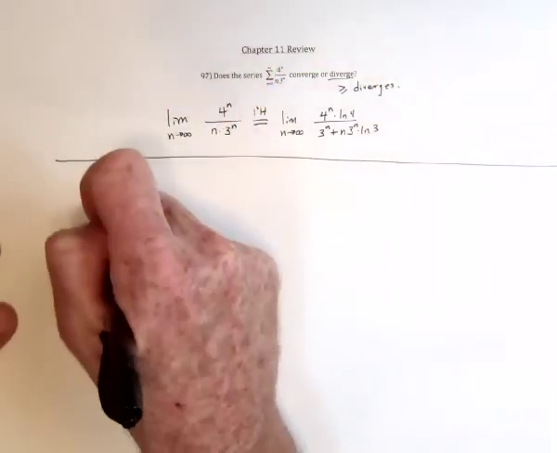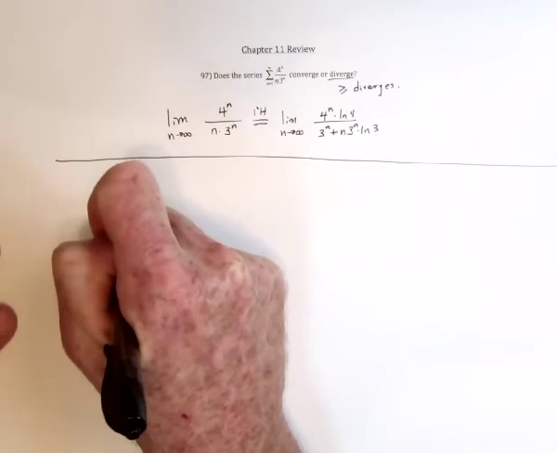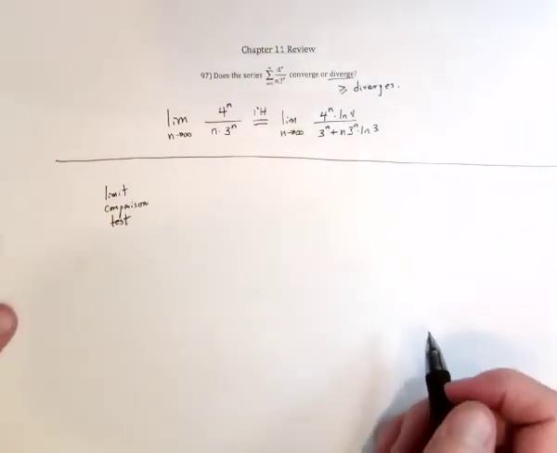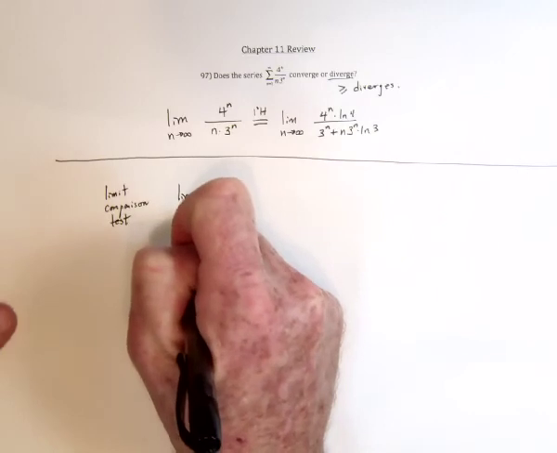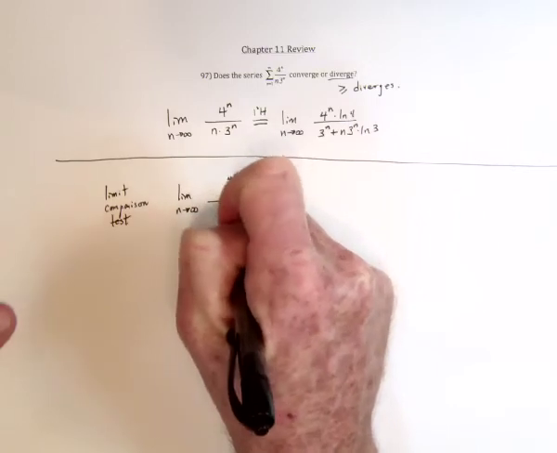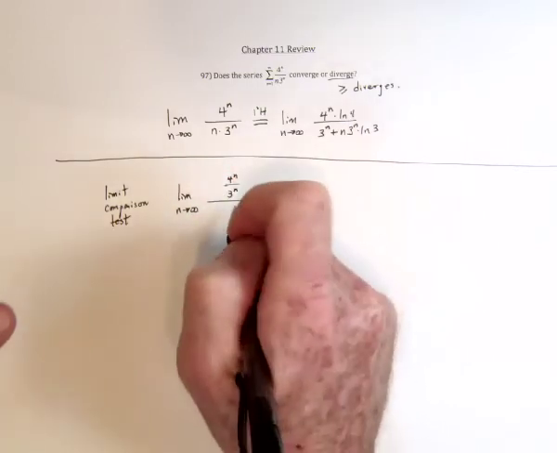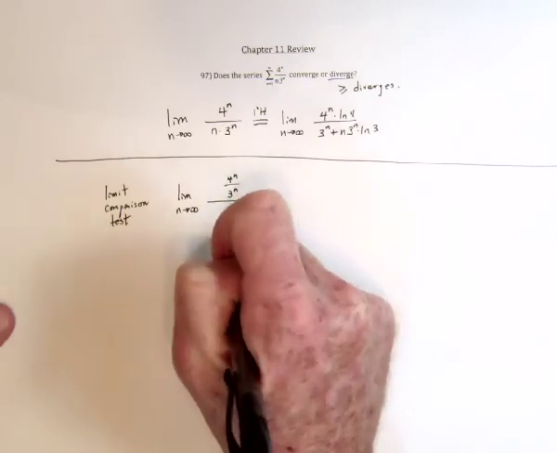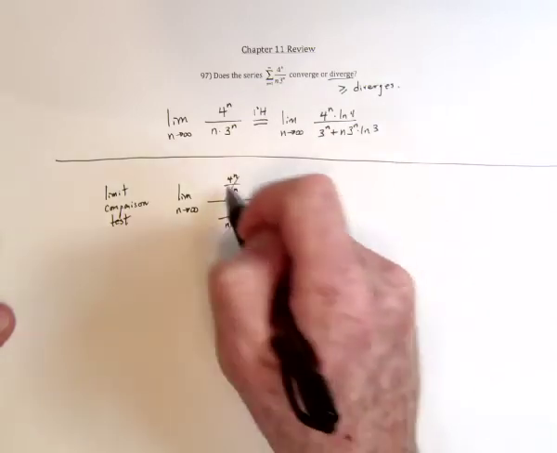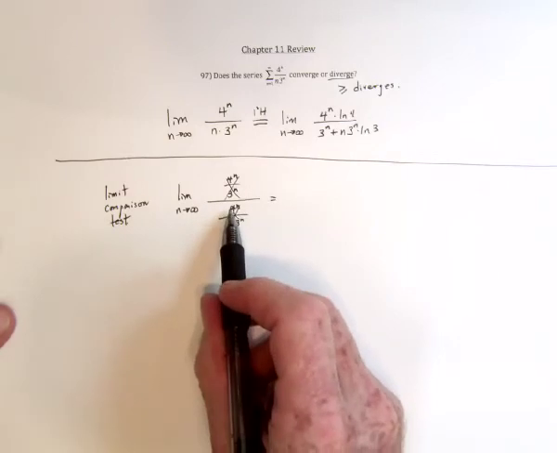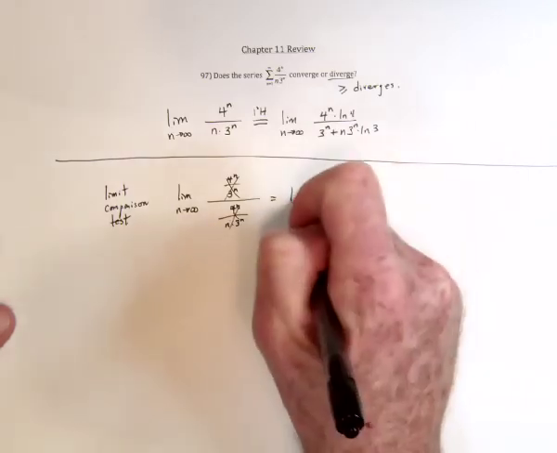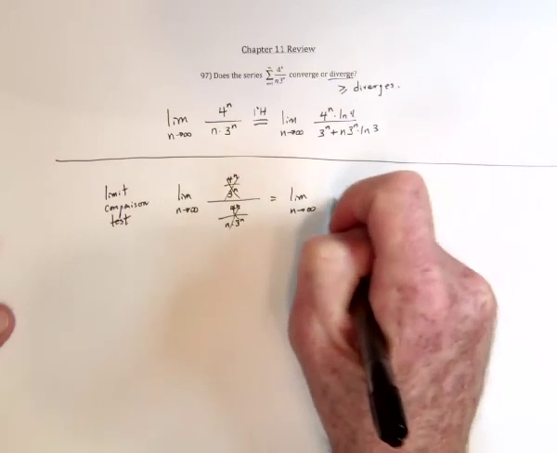If I do the limit comparison test, and say take the limit as n goes to infinity, and then you just take one of the functions, so 4 to the n over 3 to the n, which diverges, and then 4 to the n over n 3 to the n, and then this and this are going to cancel, leaving us just with 1 over n, but that's in the denominator, so you need to invert and multiply, and so it's going to be the limit as n goes to infinity of just n.